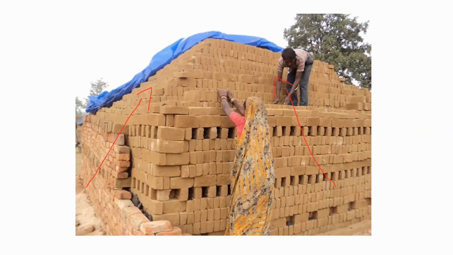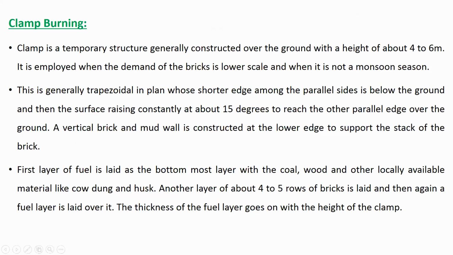At the bottom, as it is rectangular, the length and width of that rectangle is high. When you go above and above, the length and width reduce. It means it is going in a slope, and that slope is at 15 degrees. You have to start reducing the edges of that rectangle at 15 degrees.